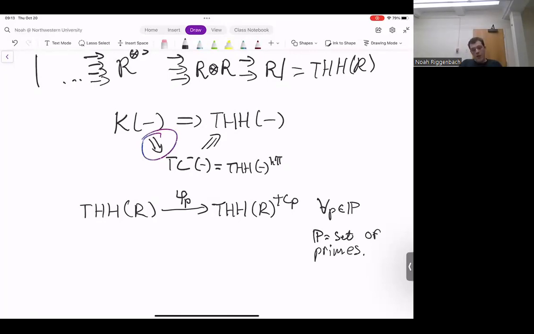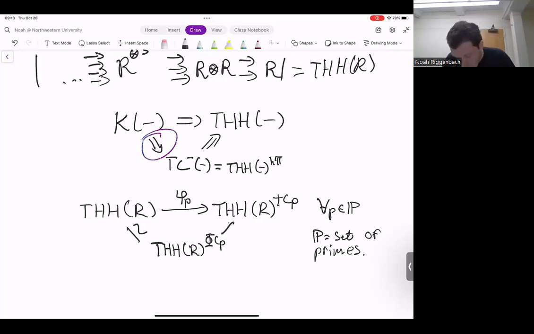Okay. If you're more familiar with the genuine side of the story, what is this map? Well, we know that THH of R is equivalent to its genuine C_p fixed points, equivariantly.